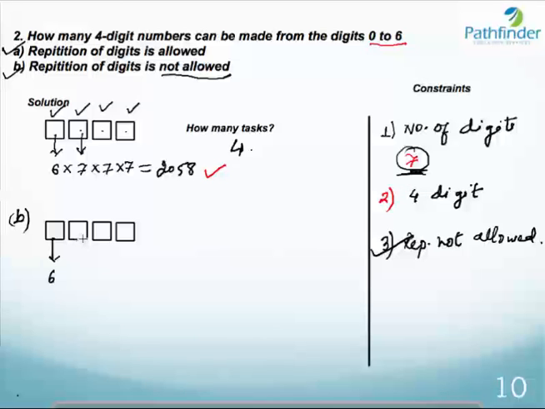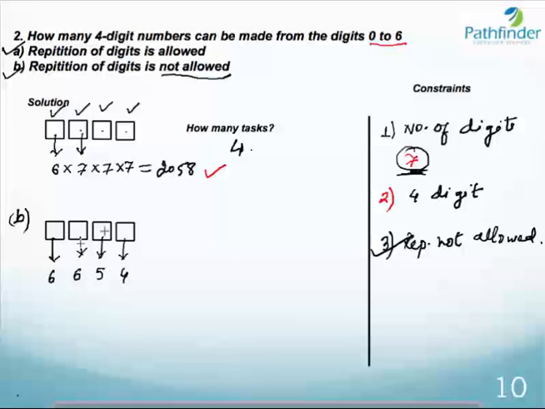The balance number of digits is 6, and we can fill up the hundreds place with any of the 6 digits. Similarly, the number of digits balanced now is only 5, and hence at the tens place we can have 5 digits possible, and similarly at the units place we can have only 4 digits possible.